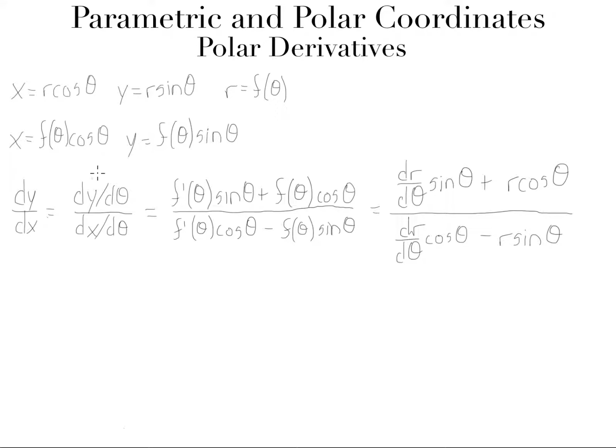So let's just go through a quick example of evaluating a derivative in polar coordinates. Let's just try r equals 4 sine theta, a simple function. So here we should just know exactly what we need to know. We know sine theta, we have cosine theta, we have r already. All we have to find is dr/d theta. So dr/d theta is equal to 4 cosine theta.